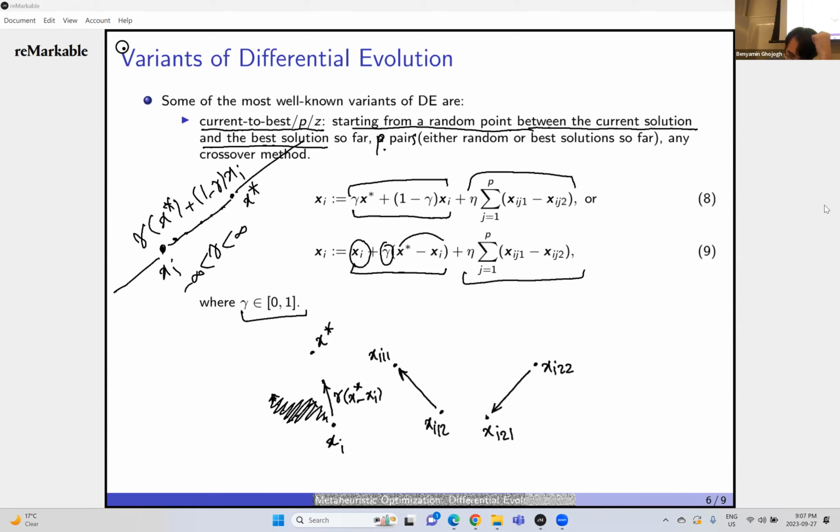So starting from here, I update it in this way. So my next solution will be, did you understand? Starting from here, I have these two vectors.